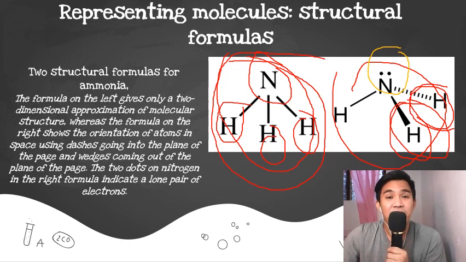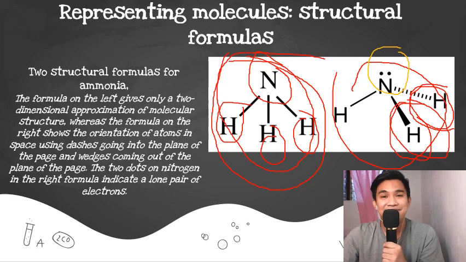To help show this three-dimensional shape even more accurately, we can rely on space-filling models as well as ball and stick models. Let's consider both of these models for ammonia.